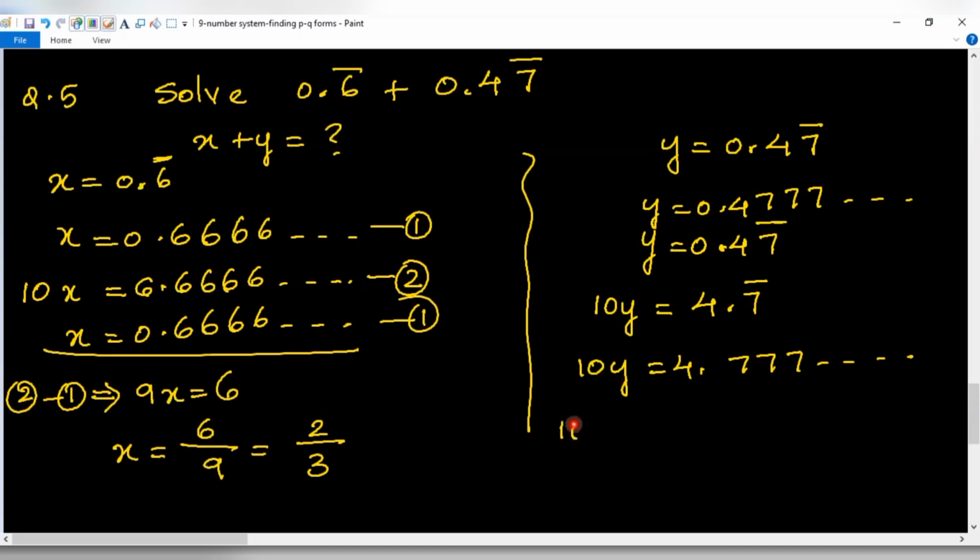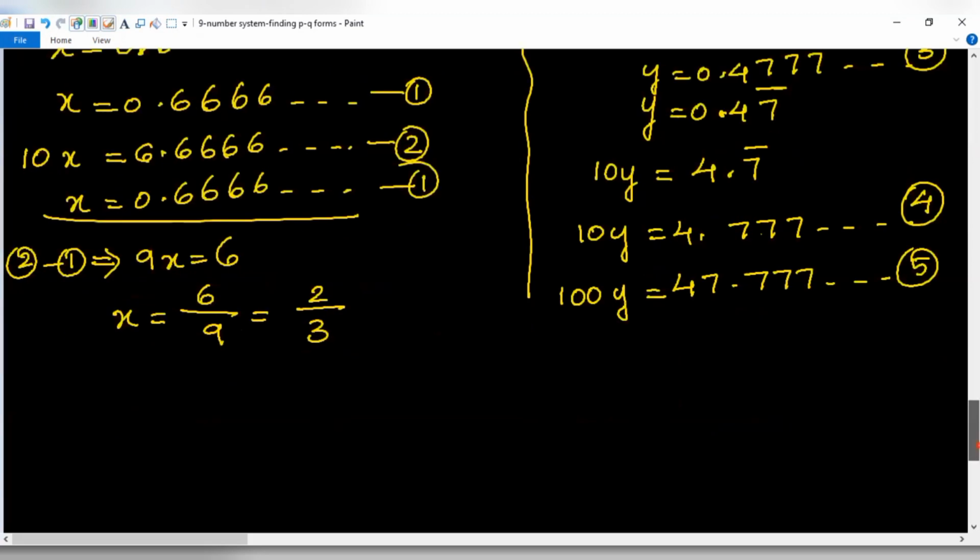So 100y is equal to, we are multiplying by 10 again, 10 into 10 is 100, and now the decimal will move here, so it will become 47.777 like that. In this question, 1 and 2 equations are already here, so let us keep this as third equation, this is fourth equation, and this is our fifth equation.